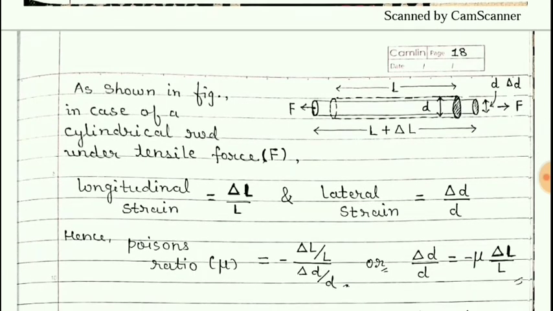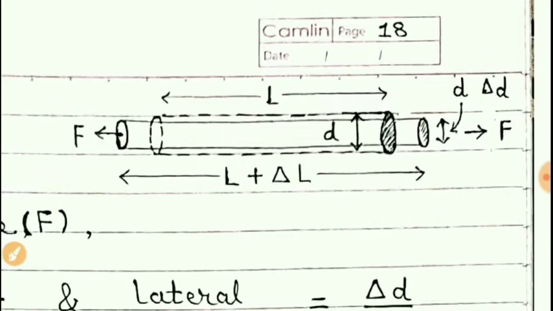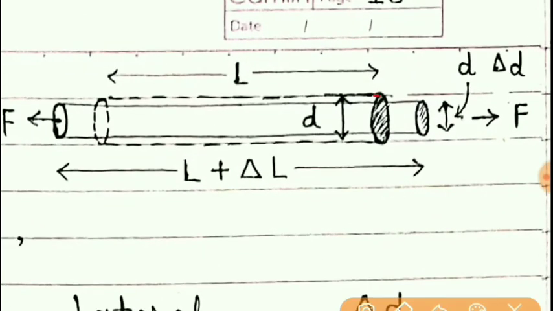Lateral strain means strain which is produced due to change in the cross section. You can see in this figure the earlier cross section, when the forces were not applied, was more, and when the force is applied, the cross section reduced.